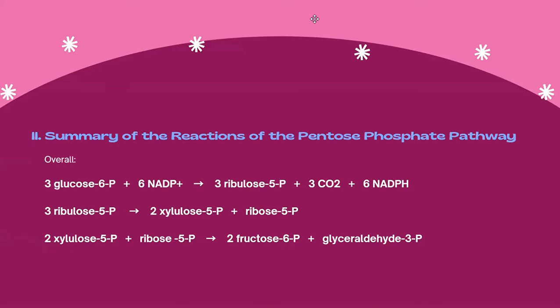Here's the summary of reactions. This is the overall reaction: 3 glucose 6-phosphate plus 6 NADP gives ribose 5-phosphate plus 3 carbon dioxide plus 6 NADPH. Ribose 5-phosphate for nucleotide synthesis.